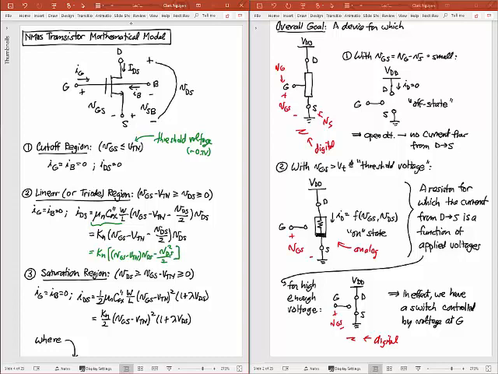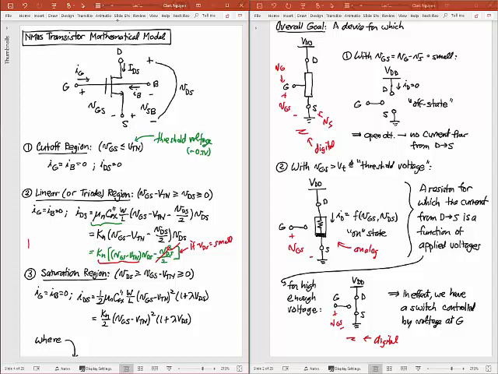Okay, and if VDS is small, then I can neglect that term. And then this thing really does look linear. It looks like I just have a constant term right here that depends on VDS in a linear fashion. So it now looks like a linear resistor made up of whatever this current is over VDS.